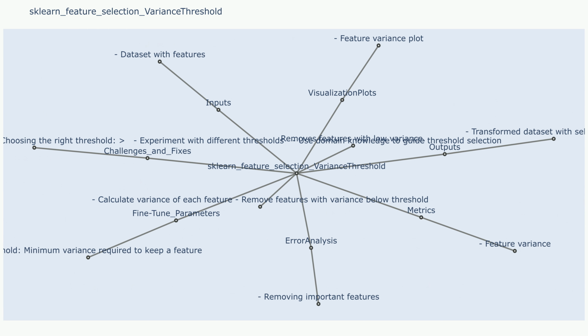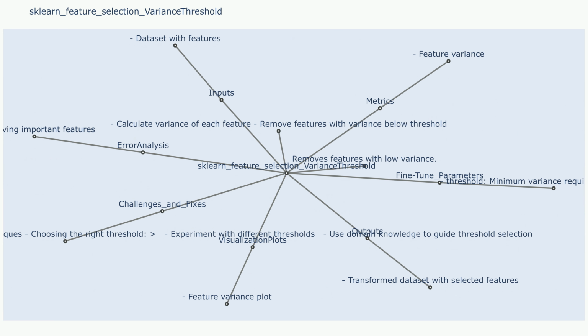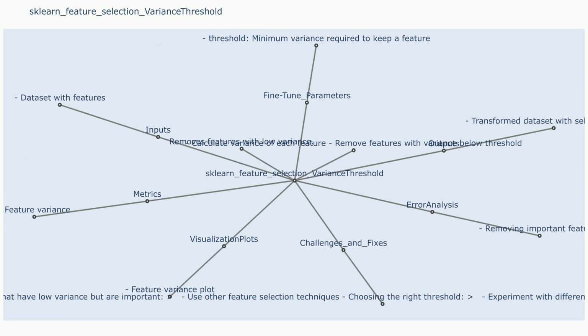A dataset with two features that have similar variance but are highly correlated. Fixes to challenge 3. Consider using feature selection methods that explicitly address correlations, like SelectKBest with f_classif for classification or f_regression for regression, or use feature engineering techniques to combine correlated features.